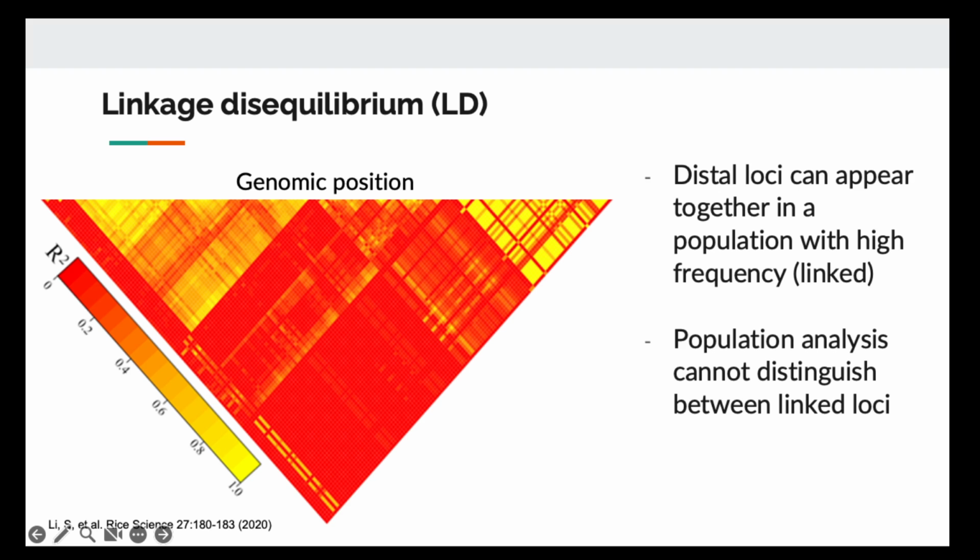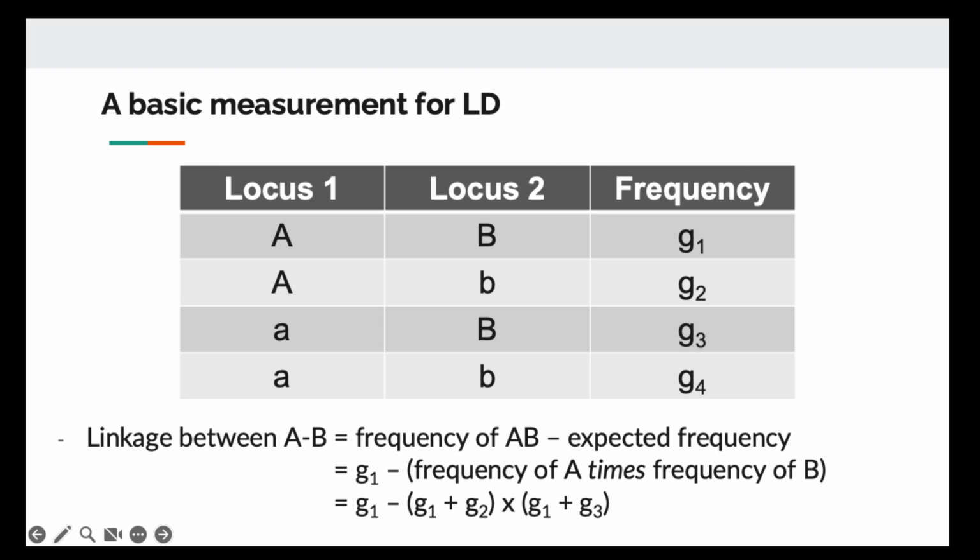So how can we calculate whether two mutations are linked or not linked? Let's say we have two loci, 1 and 2, and we have two genotypes at each position. So the total possibility will be 4 genotypes.